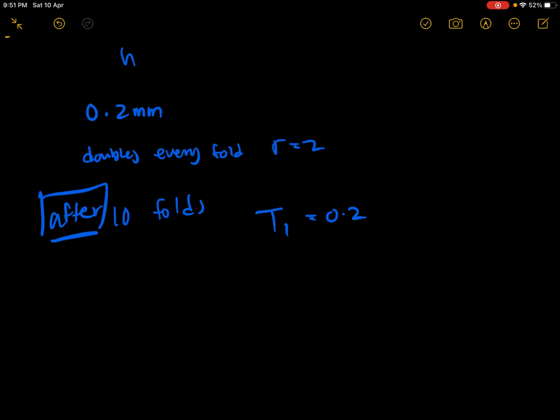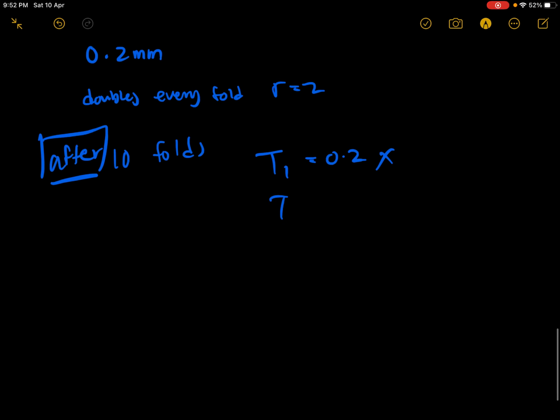However, let me just look at this again. This is actually wrong. The first term is actually 0.4, because we assume that this is actually T0.